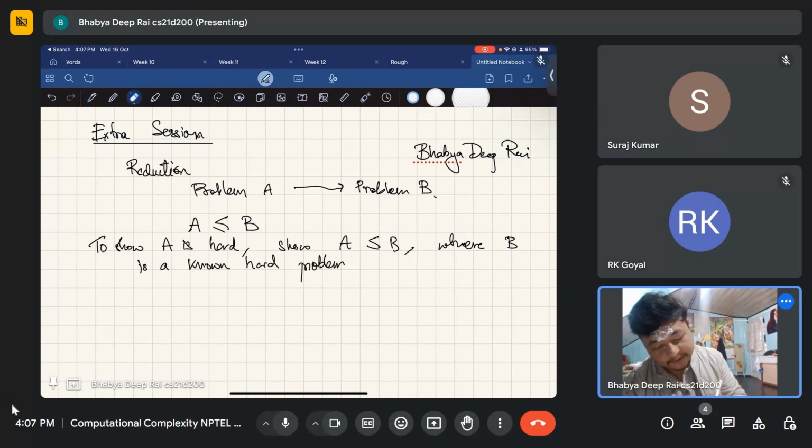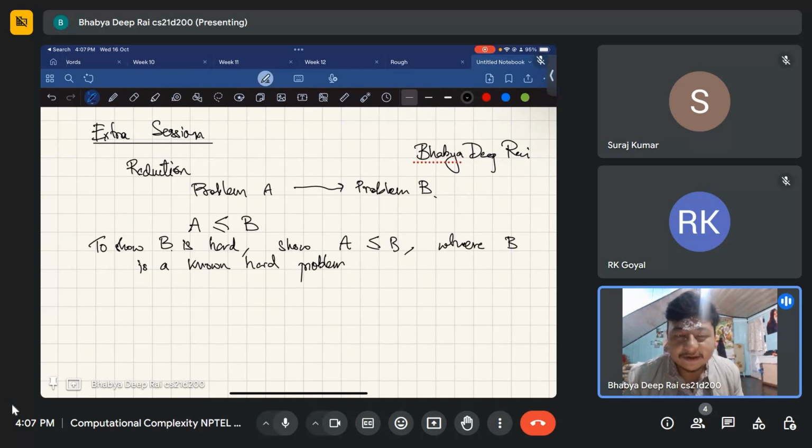Sorry, the other way around. To show B is hard, show that A reduces to B where A is a known hard problem.